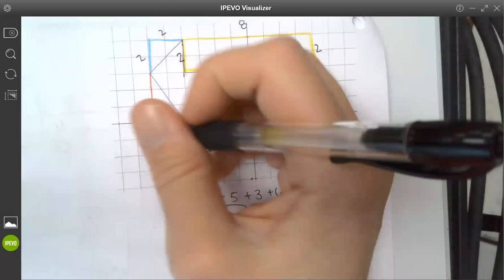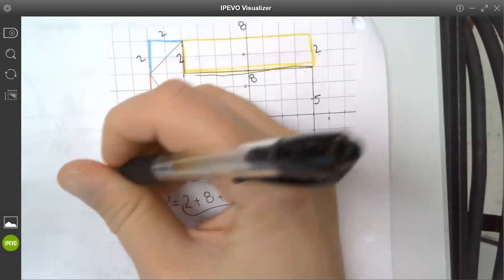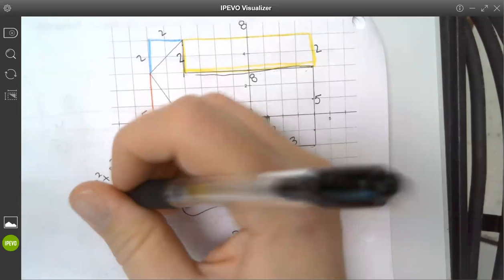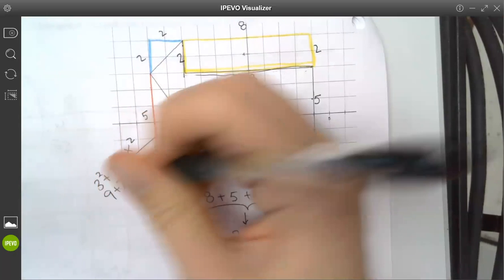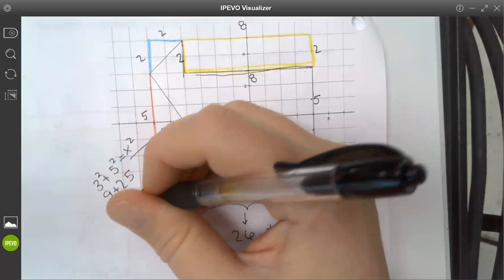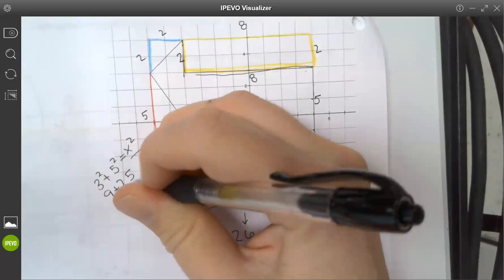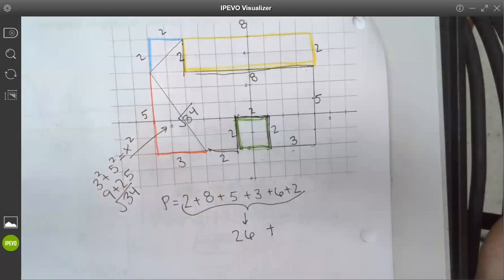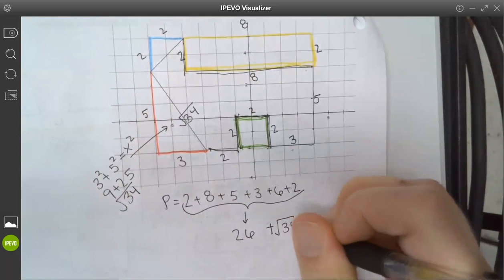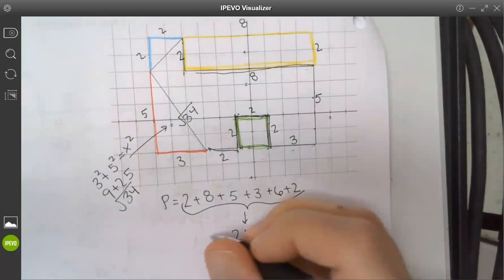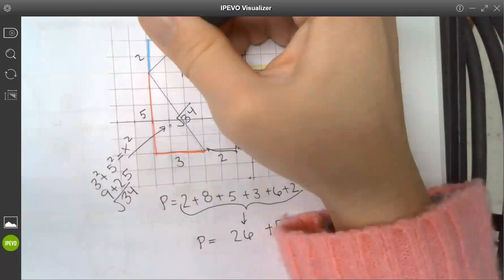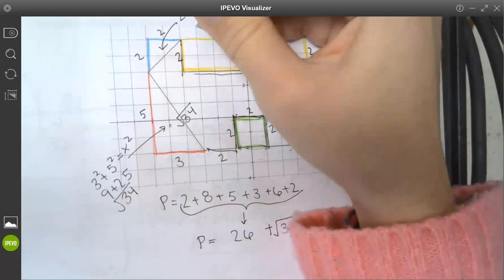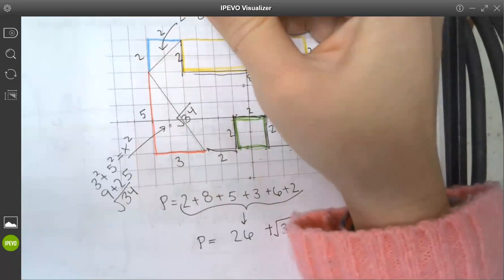So let's see, Pythagorean theorem, 3 squared plus 5 squared equals x squared. 9 plus 25, I think we just did this one, 34. Square root of 34. Plus the square root of 34. I'm adding it in as I go. Here, 2 squared plus 2 squared gives me 4 and 4, or 8.